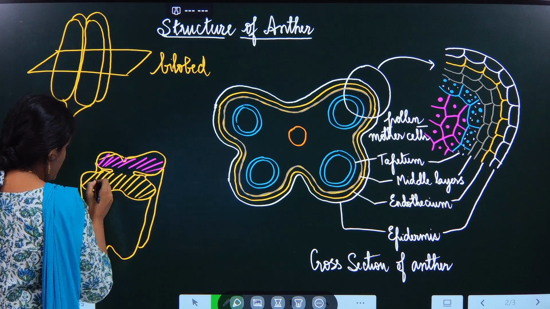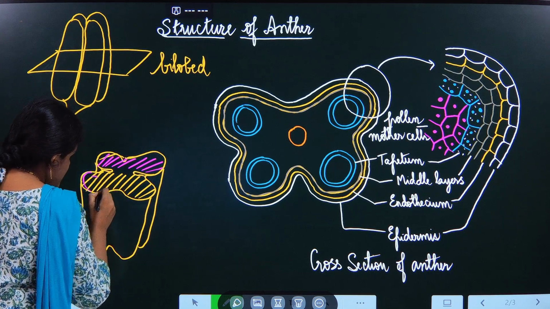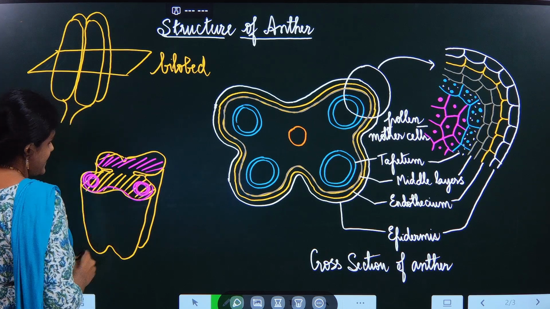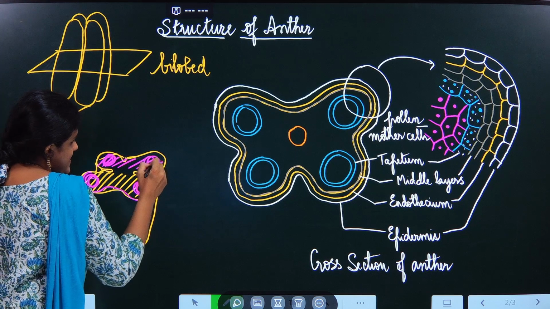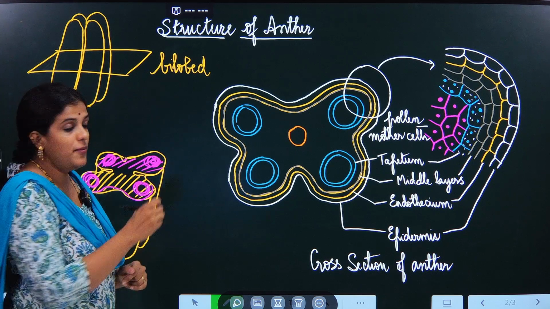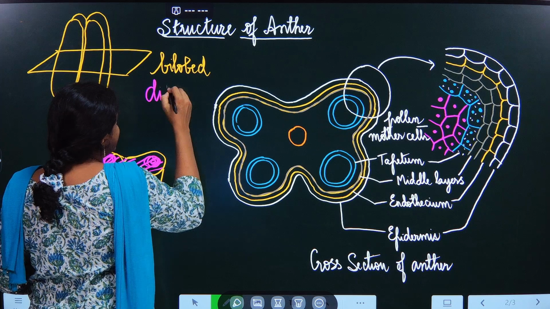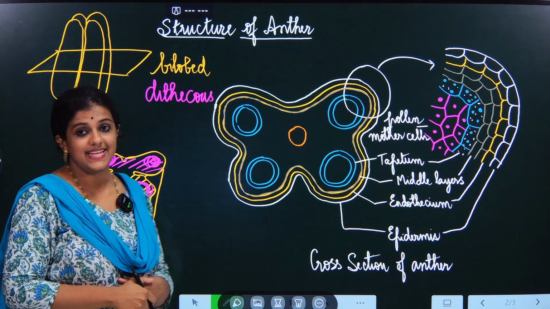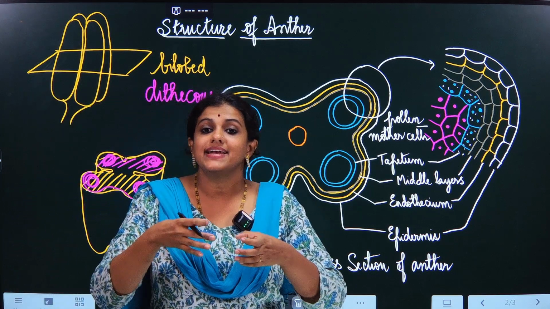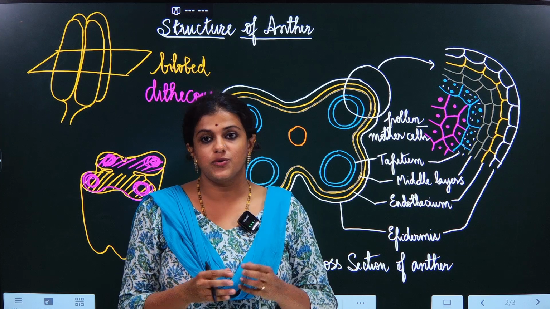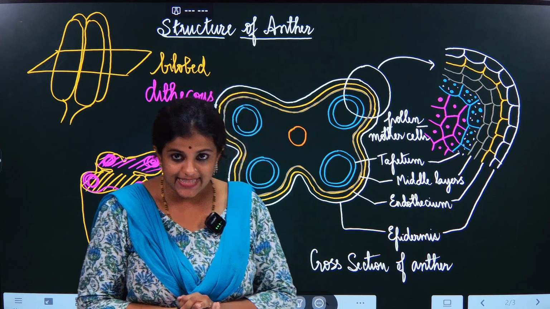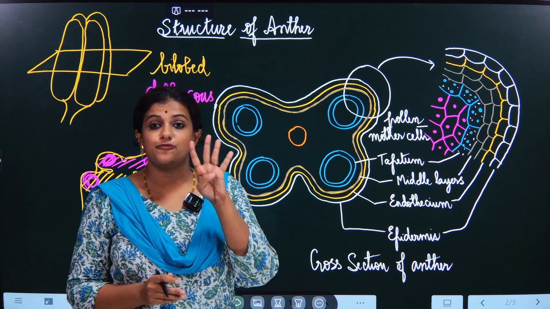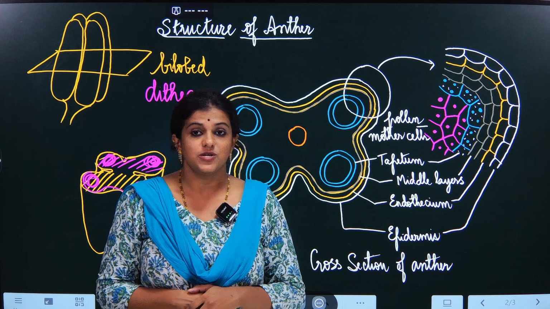And in each lobe, if you see, it has got two theca. See, this is one theca and this is another theca. This is one theca and this is another theca. So, they are bilobed and they are dithecous. Bilobed, two lobes, and in each lobe there are two theca. Now, all together it can incorporate 4 sporangia.